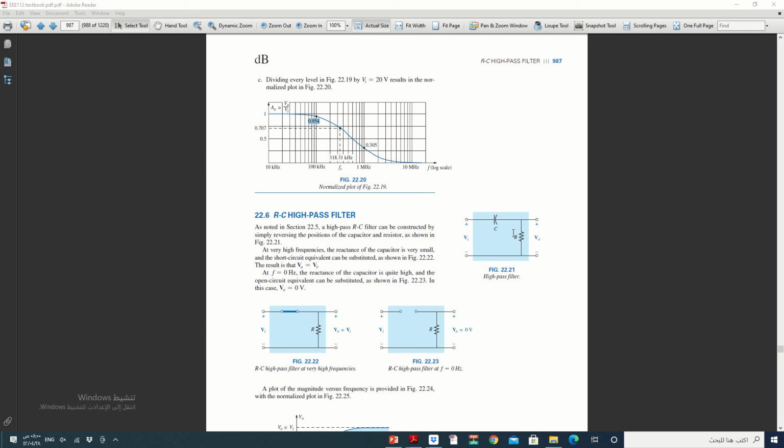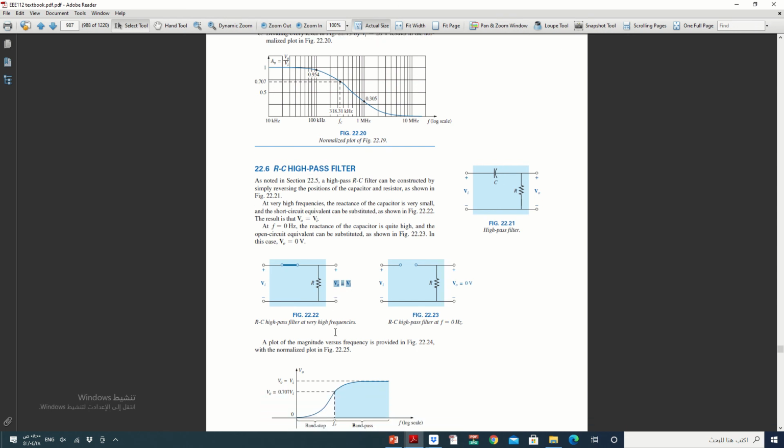Now, if we have a very high frequency, the reactance of the capacitor is very small, and we can draw it as a short circuit, as mentioned here in 22.2. This means at high frequency you will get V input equal V output.